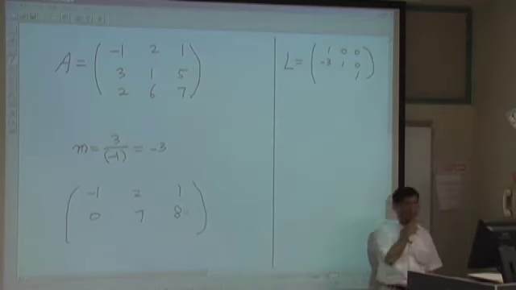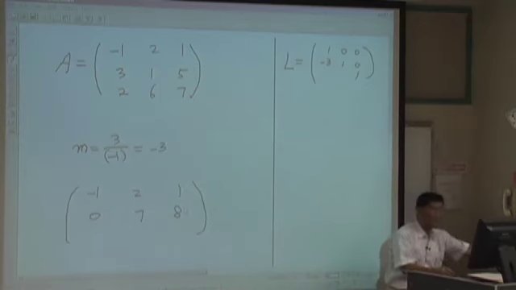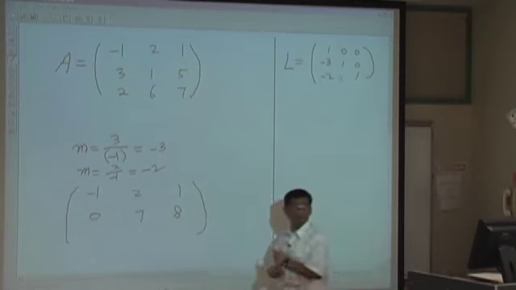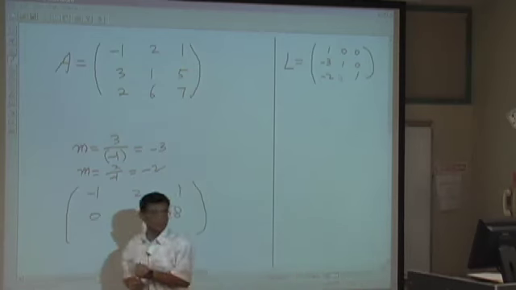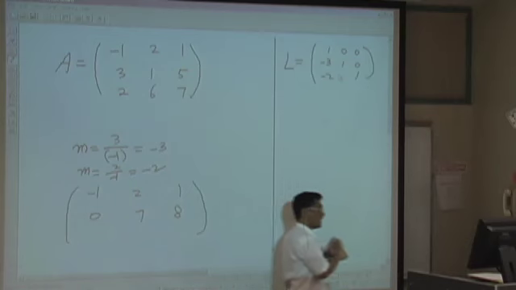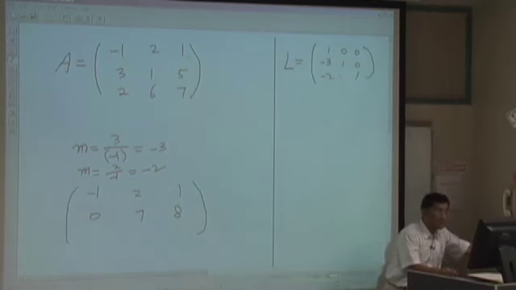If you have a question, ask. Then the next step, M is what? 2 over -1. Then -2, right? -2 should be stored here. And then -2 multiplied in the first row subtracted. Then what happens? 0.